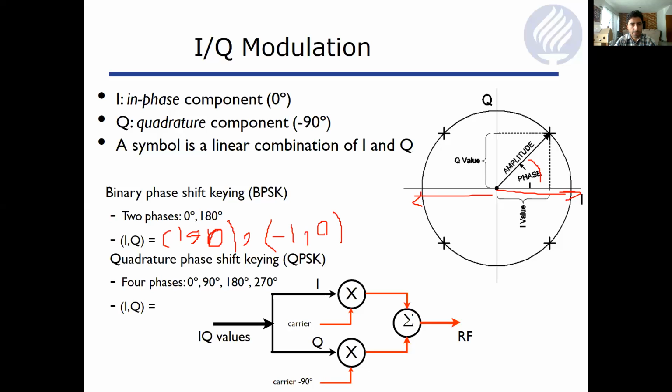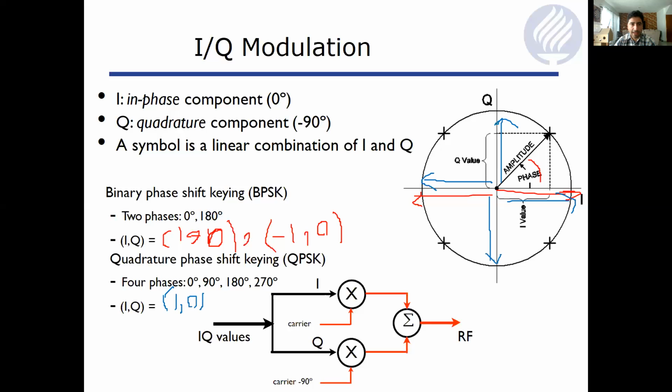Talking about quadrature phase shift keying, we have 4 phases. So here for QPSK we have this signal at 0, this 90 degrees, this 180, and this 270, 3 pi over 2. For 0 degrees, you can see the I value is again 1 and the Q value is 0.